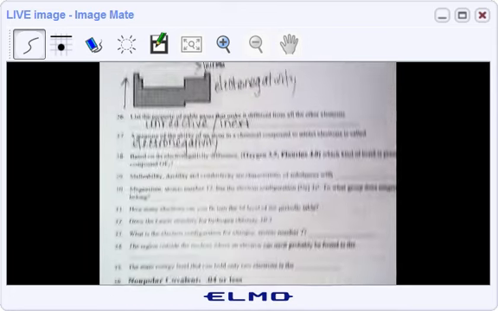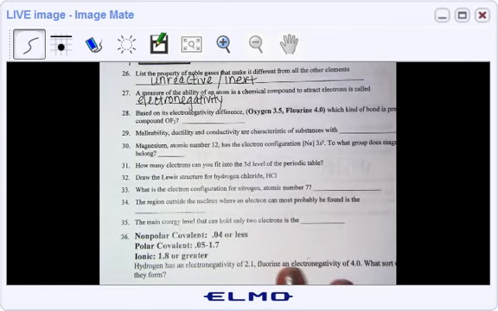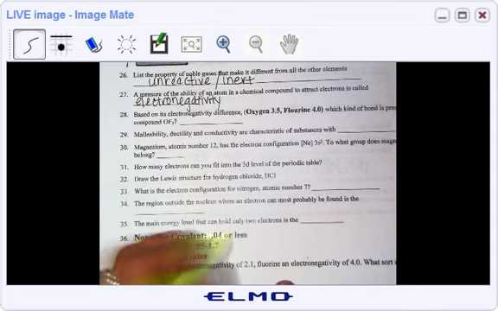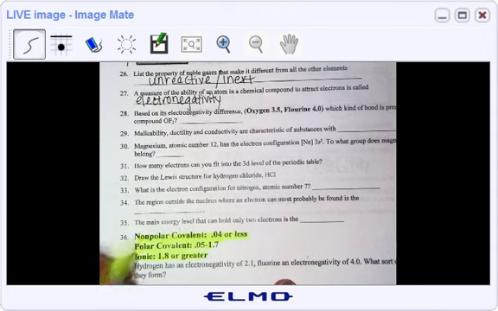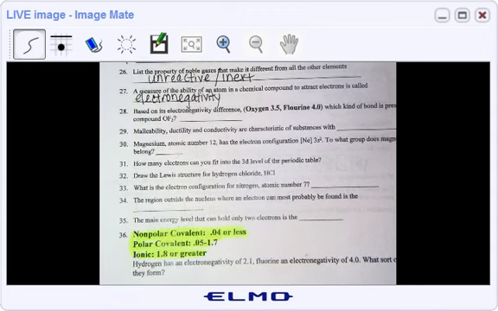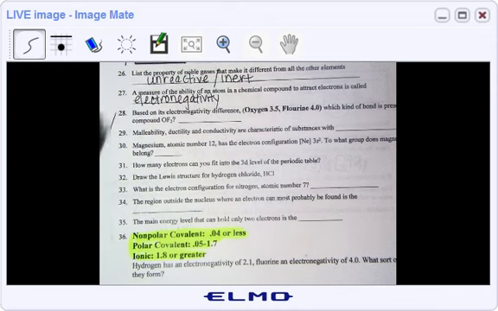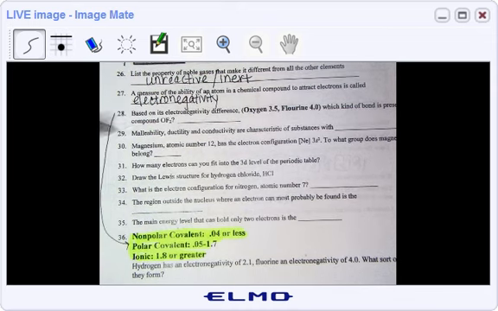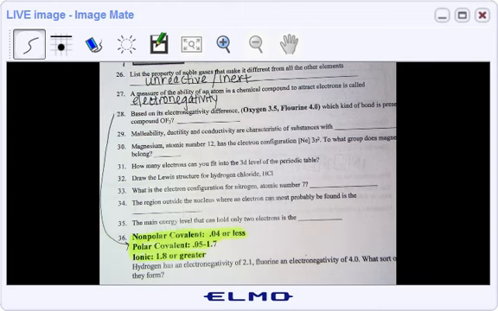Let's scoot this up. In order to do number 28, you will see a chart like this. This is just a guide, like a key. To do number 28, you do need to use that chart. Based on its electronegativity difference, a difference is subtraction, what kind of bond?